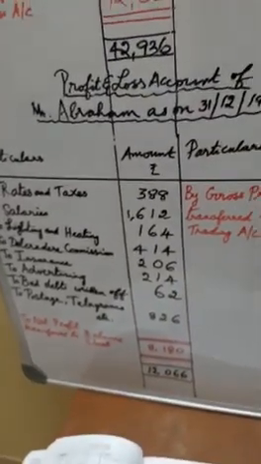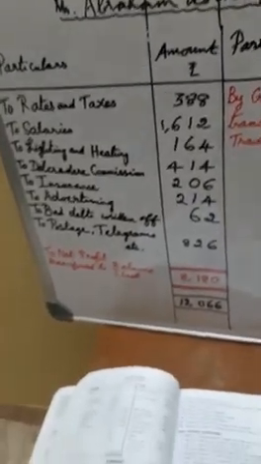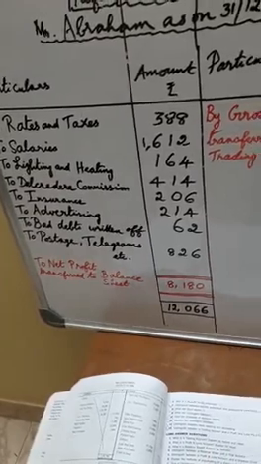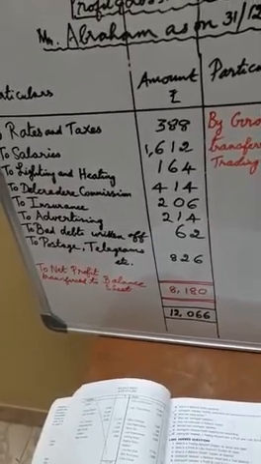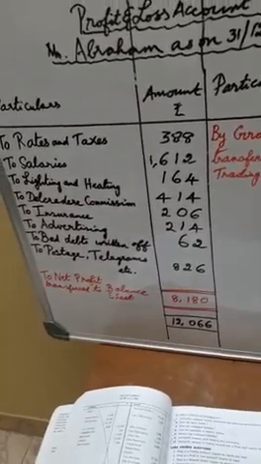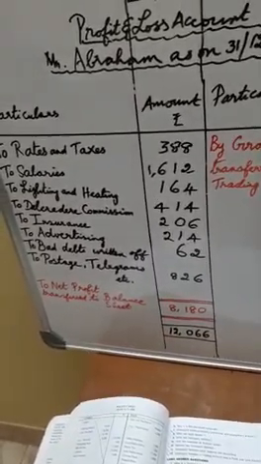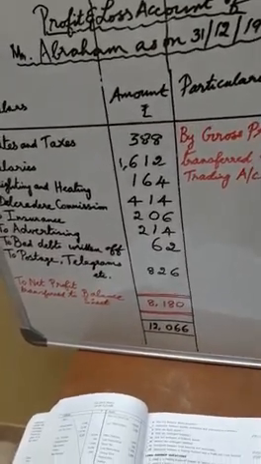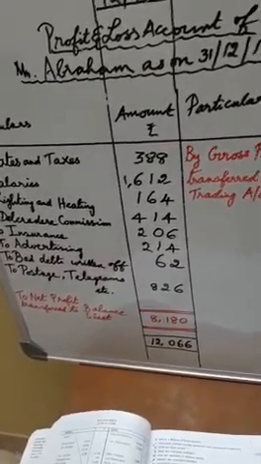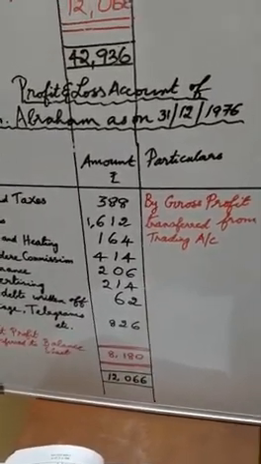I have written it in red so that you will be able to follow. But while actually preparing the final accounts, you need not write it in red. If you want, you can write it now for the time being, till you get used to it. But in the exam and all, no need to write it in red pen. So this is how we prepare the trading account and the profit and loss account.